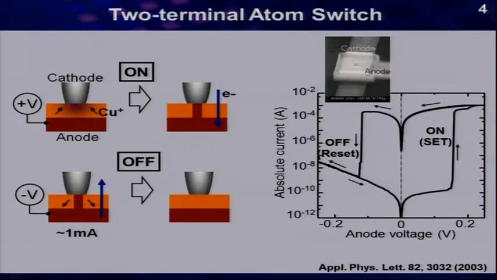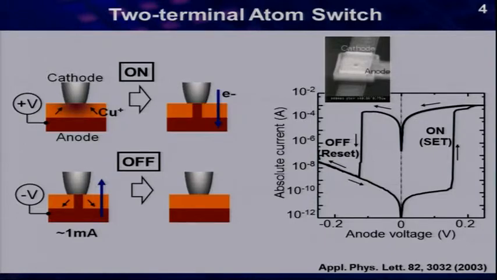But it's hard to handle the small air gap to utilize in a silicon LSI, so we use the conducting bridge in the solid. Here is the metal bridge formed in copper sulfide. Copper sulfide is also an ionic conductor. This sulfide is sandwiched between the active electrode, copper, and the inert electrode, here the platinum.